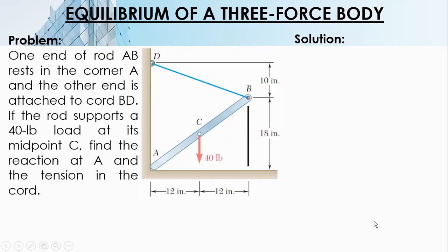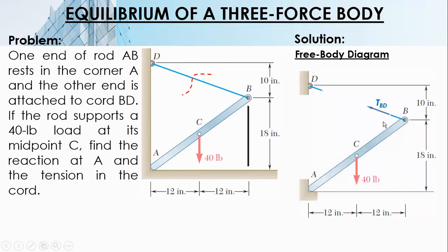So first, we draw the free body diagram. We cut the cable and replace it by tension. And then we also have the reaction at the rough surface. So we cut it. We have this one, tension.